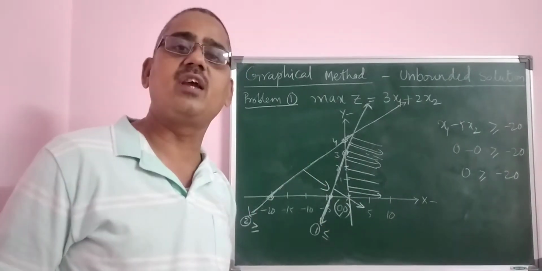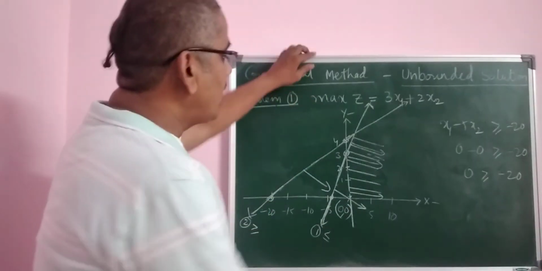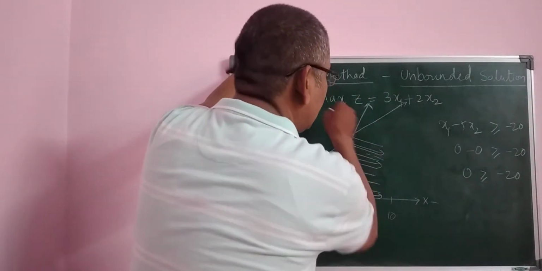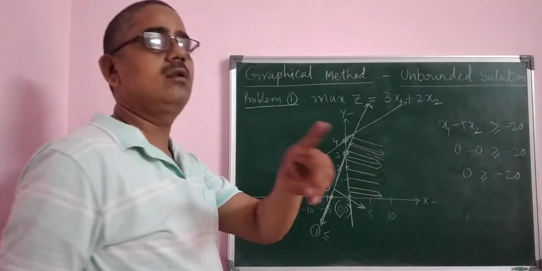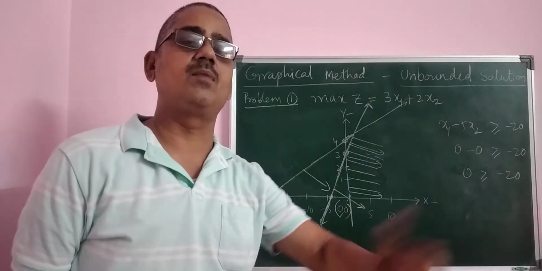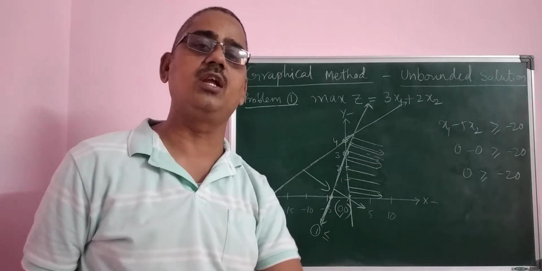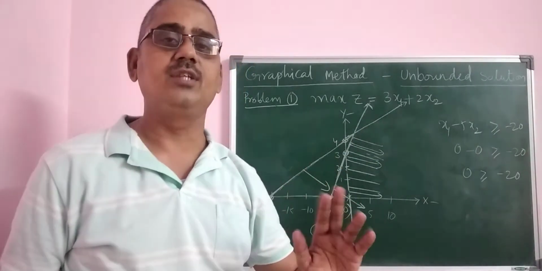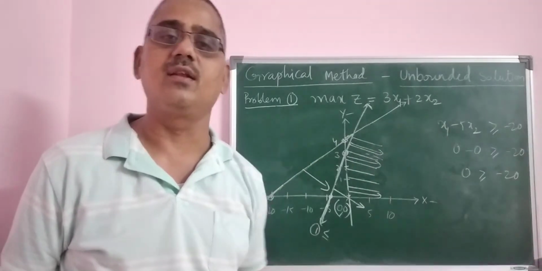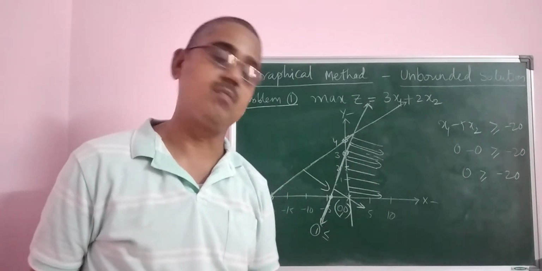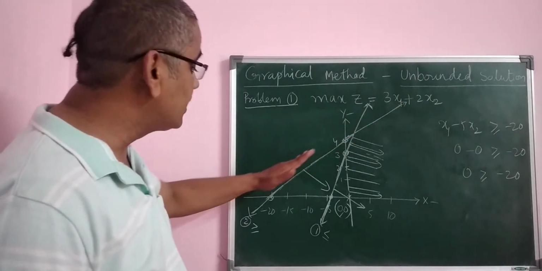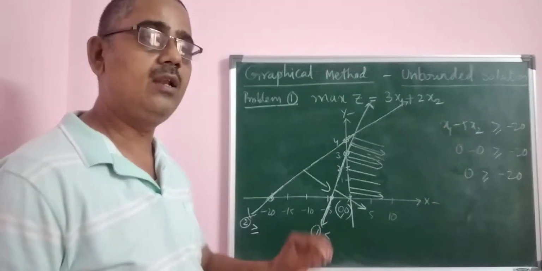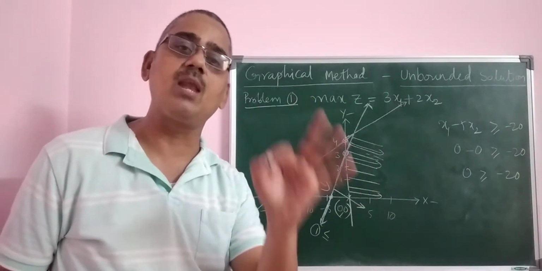Please be careful: if the entire line falls somewhere here, like this, then you can use that concept: less than or equal to means the region below the line, greater than or equal to means the region above the line. So that is the concept. But whereas the line falls in the second, third and fourth quadrants, like in this fashion, then you have to check with the help of a point.